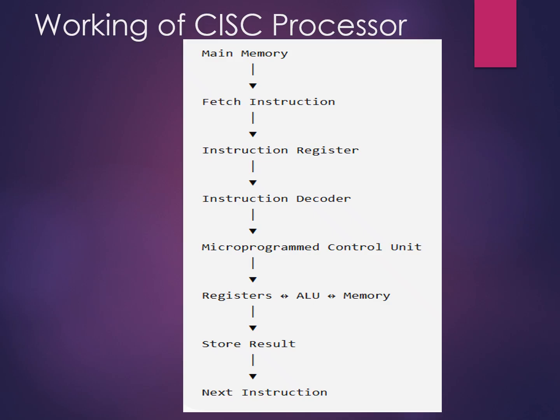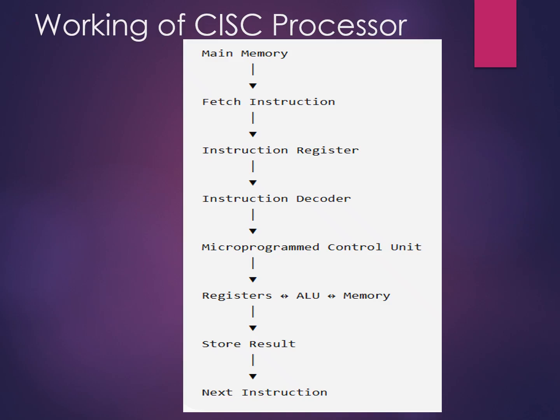It is given to the register, and it instructs the decoder to decode. Again, it is given to the microprogram control unit. Then it is given to the register, ALU and memory, as in the block diagram we have seen. Then it stores the result, and the next instruction is fetched and executed. Okay. So these are the steps used in the working of the CISC processor.